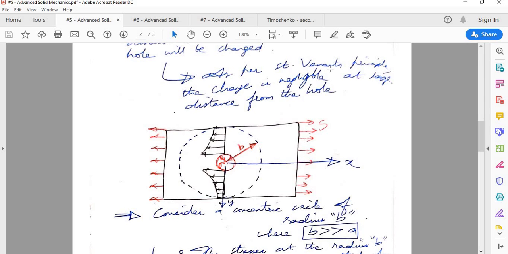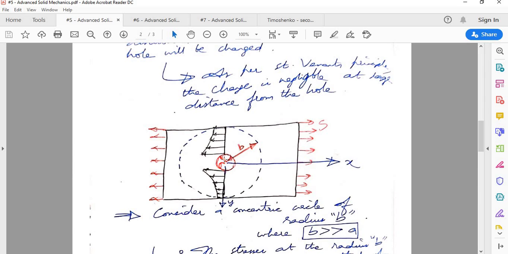Saint Venant, we have also seen it in torsion, and it appears at many places in advanced solid mechanics. Many of the theories and formulations were taken from him. Now, how Saint Venant's principle is applied is, the size of the hole is much lesser than the size of the plate.